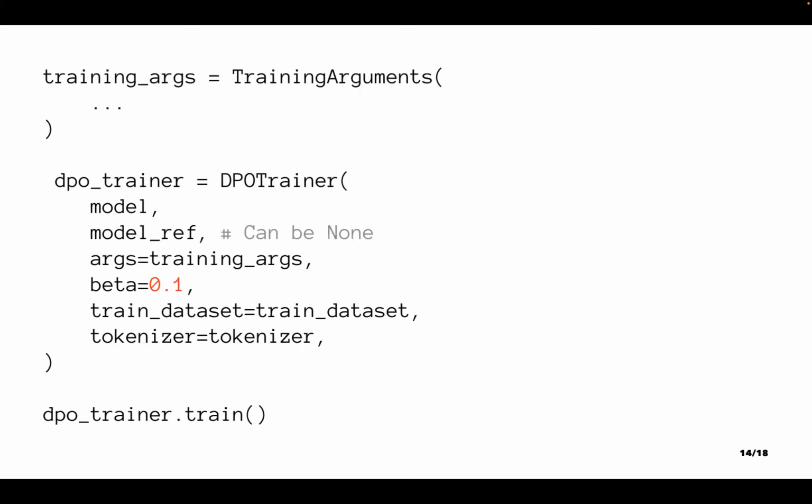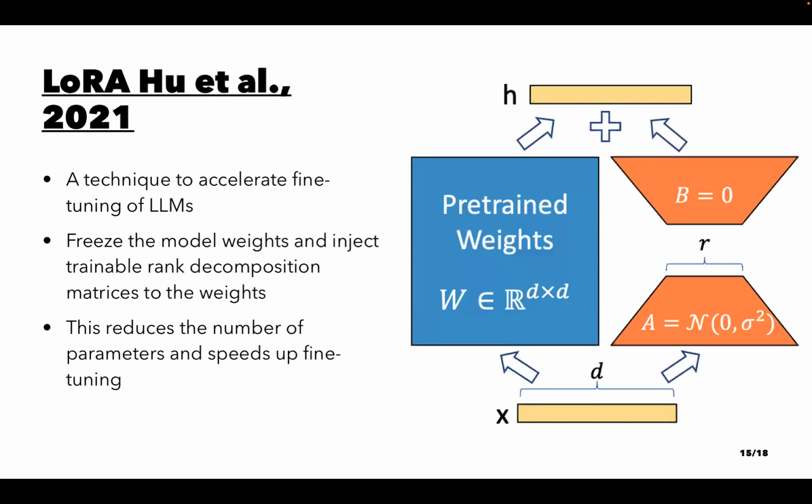Ideally the model has to be big, and now there are two copies of it, the model and the reference model. The reference model, of course, is frozen, but there are still two copies, and this might be limiting in some situations.